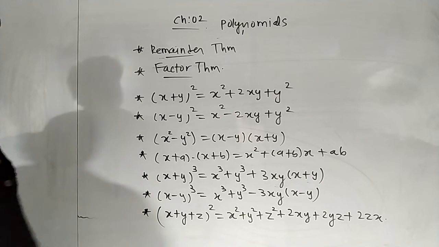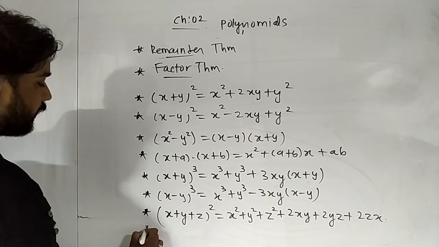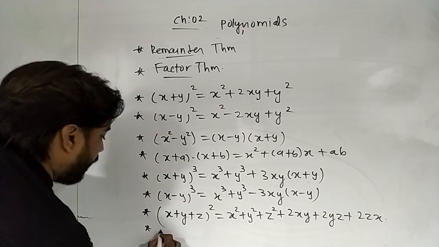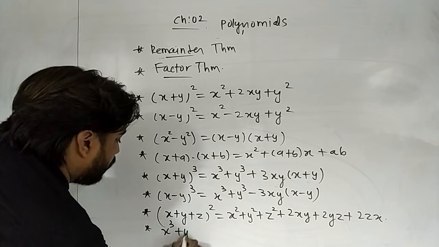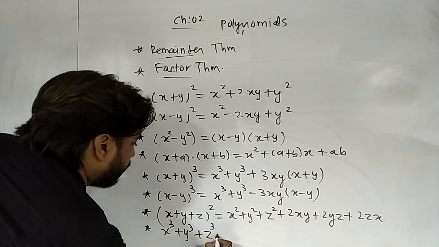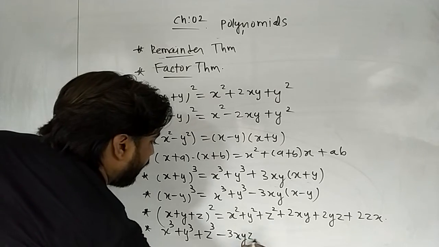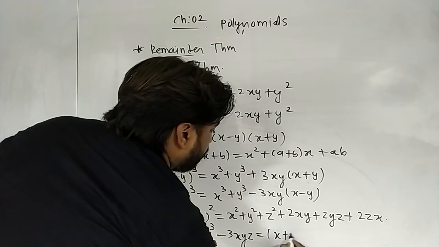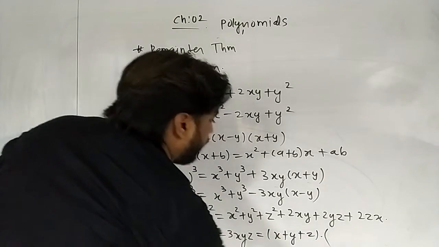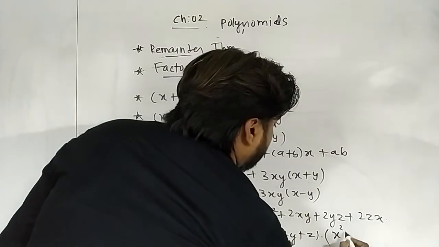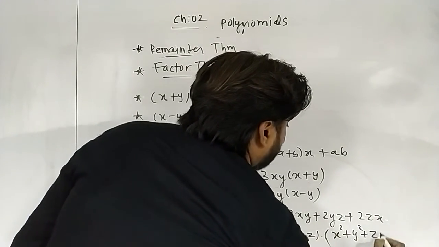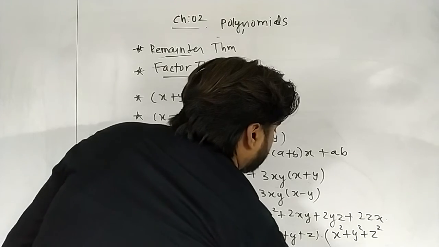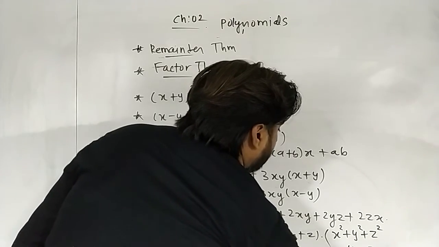This is also one of the identities. And the last identity, that is identity number 8, and that is what? x cube plus y cube plus z cube minus 3xyz is equal to x plus y plus z into bracket x square plus y square plus z square minus xy minus yz and minus zx.